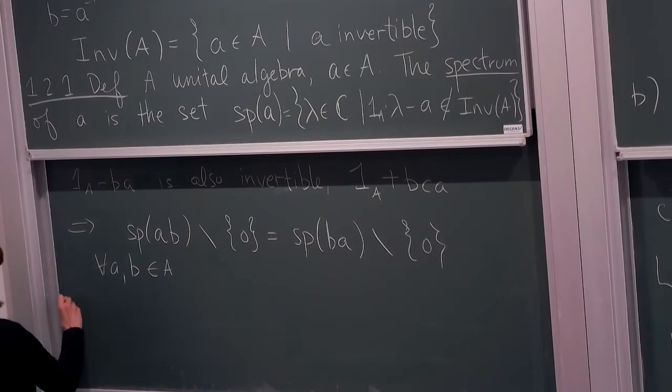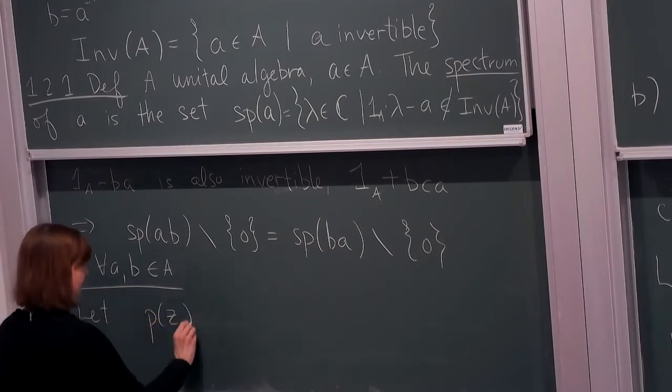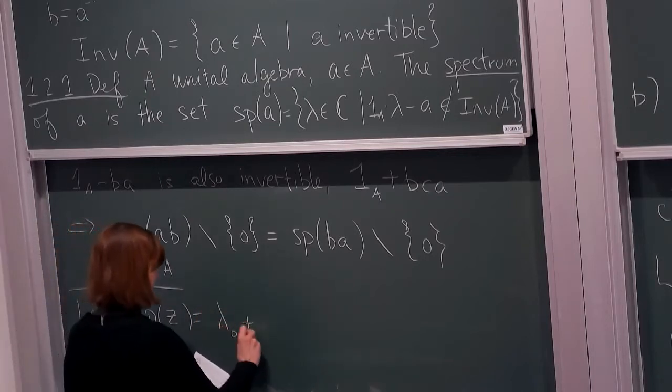Okay, so now let P(z) be a polynomial in one variable.